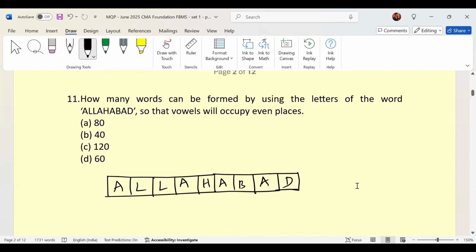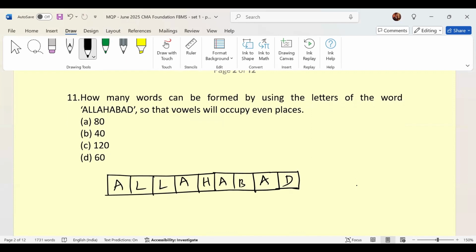It's a 9-letter word. Even places are these places: second position, fourth position, sixth position, and eighth position.